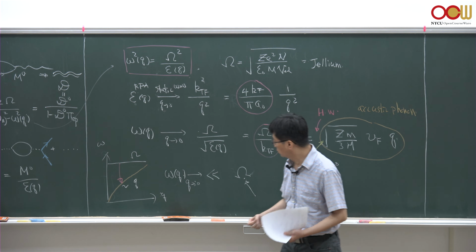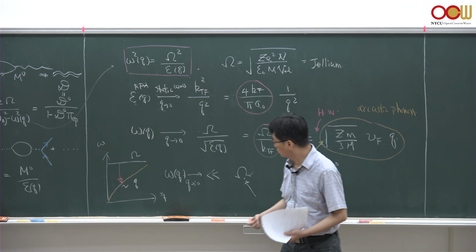And this is an important point: in a realistic solid-state system, the Coulomb interaction is always short-range, okay? As a result, if you're trying to figure out this phonon frequency which couples to the electron, then this phonon must actually reproduce this linear-in-q behavior, which is a low-energy acoustic phonon mode, okay?